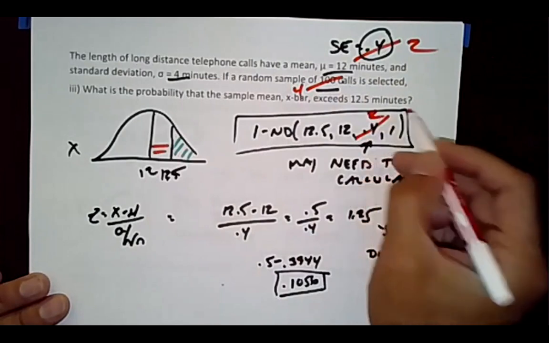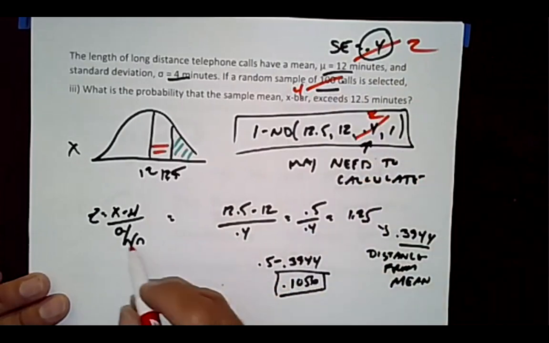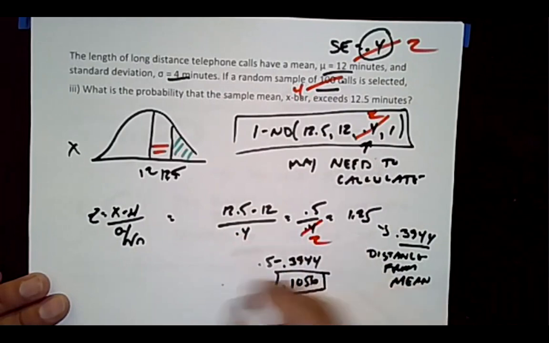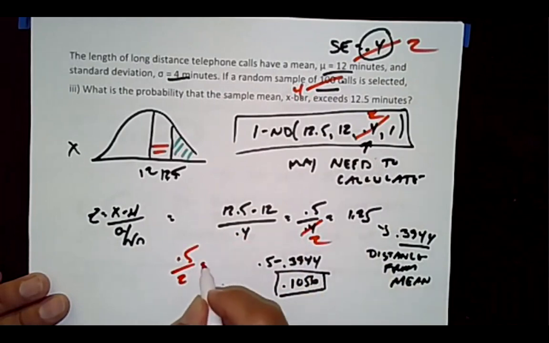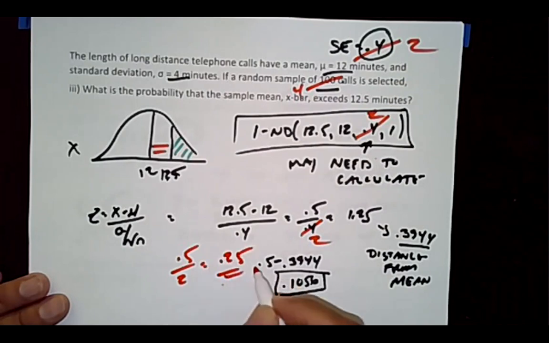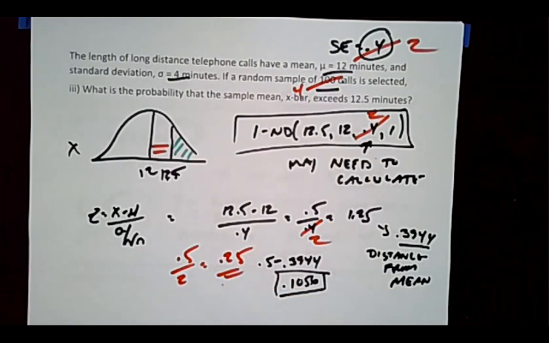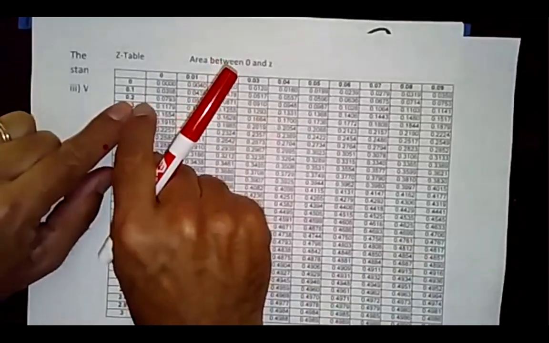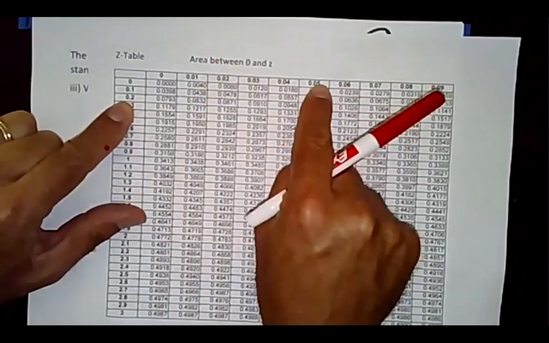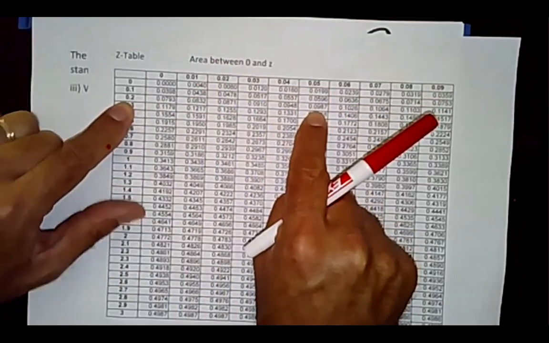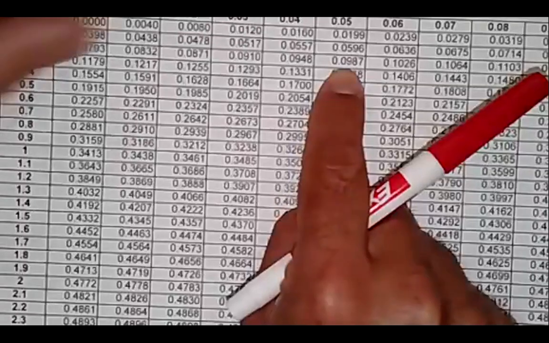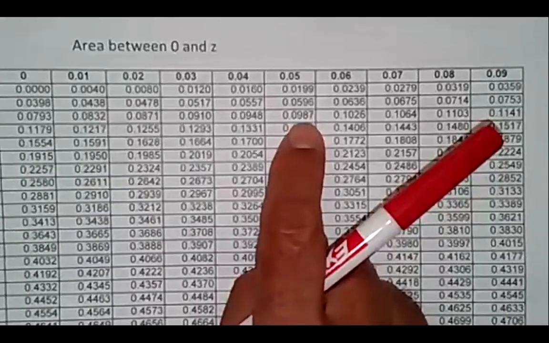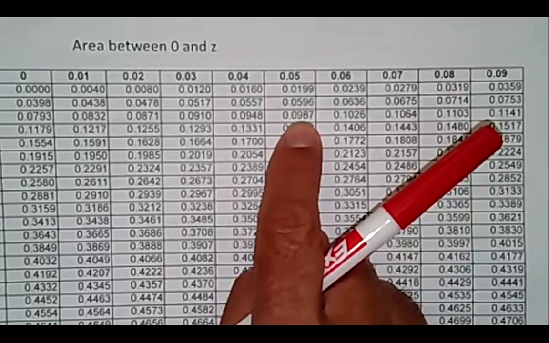This just changes to 2. Down here, what this becomes, rather than 0.4, ends up being 2. So 0.5 divided by 2 is 0.25. 0.25 is this value here, 0.0987.